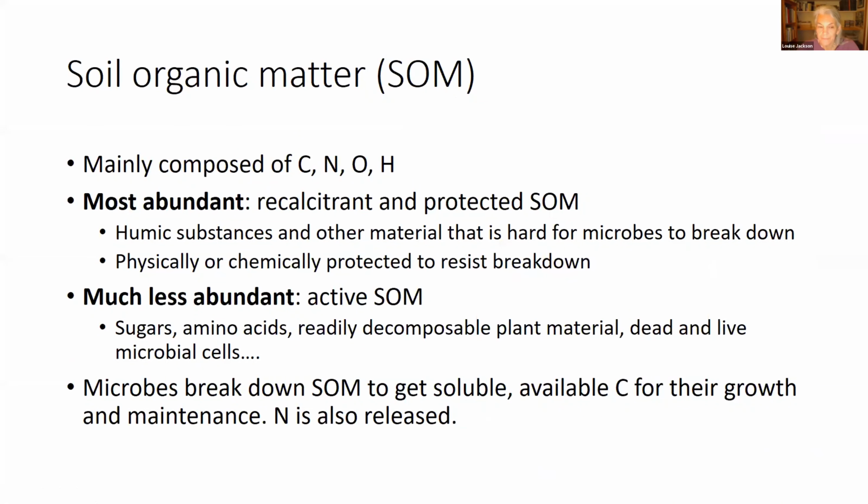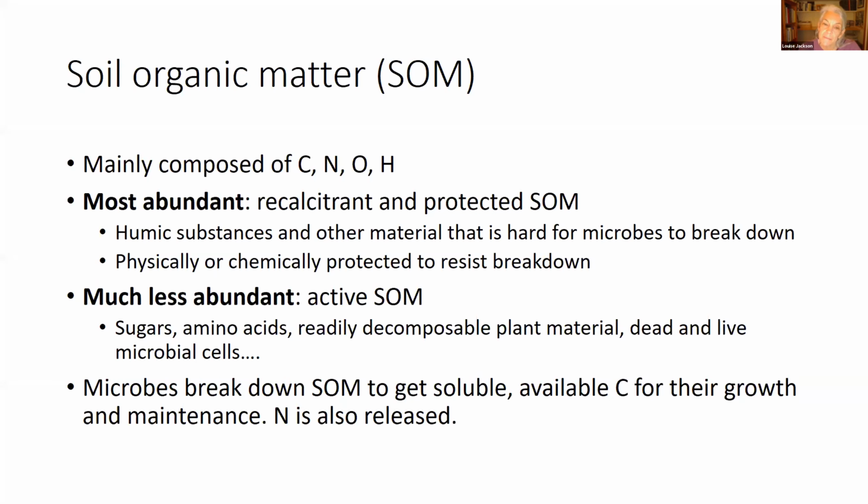This is quite similar to some of Daniel's talk, but what I want to mention is the types of organic matter that are really important in the nitrogen cycle. Soil organic matter is composed of carbon, nitrogen, oxygen, hydrogen for the most part. And most of it is what we might consider recalcitrant and protected soil organic matter.